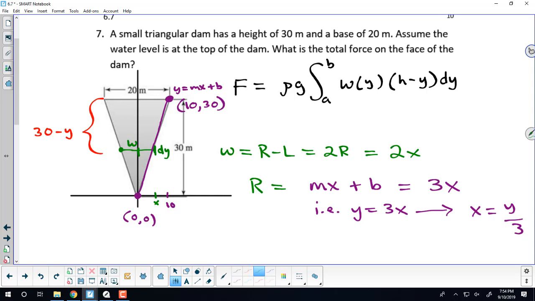By far the most difficult component of that integral. Okay, so then the width of each cross section is just 2 times x. So that's 2 times y over 3, or 2/3 y.